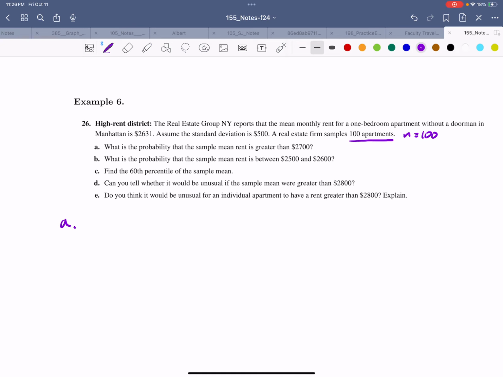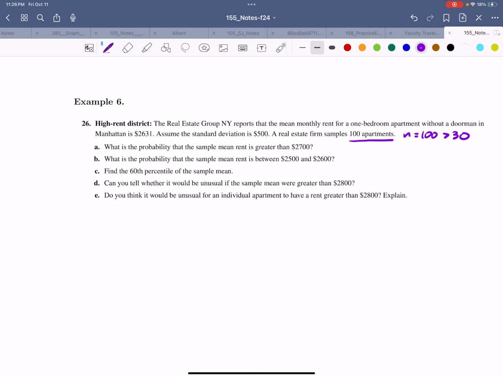So let's just get a chart going. I guess we should note quickly that n is 100, which is greater than 30.